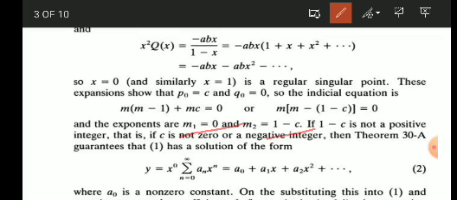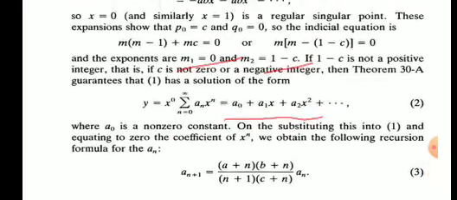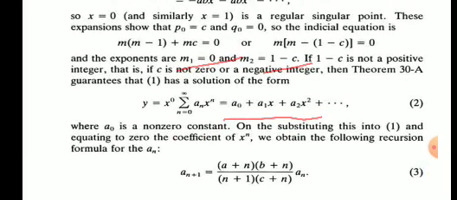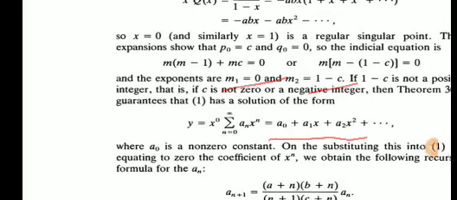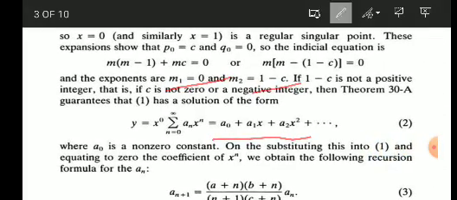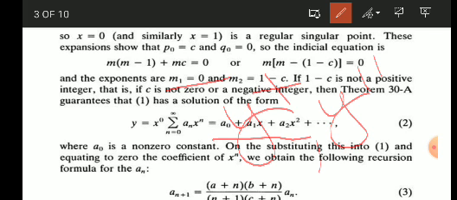Here m1 equal to 0, then y equal to x raised to 0 into summation a n x raised to n, that equal to a0 plus a1x plus a2 x square plus etc. Therefore, we find y dash and y double dash.